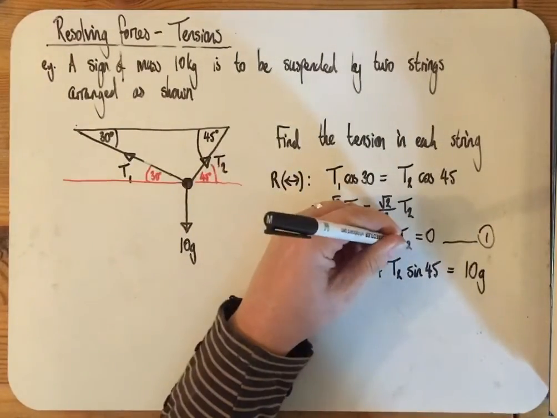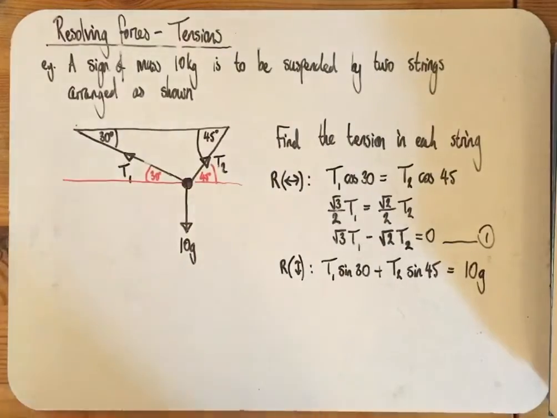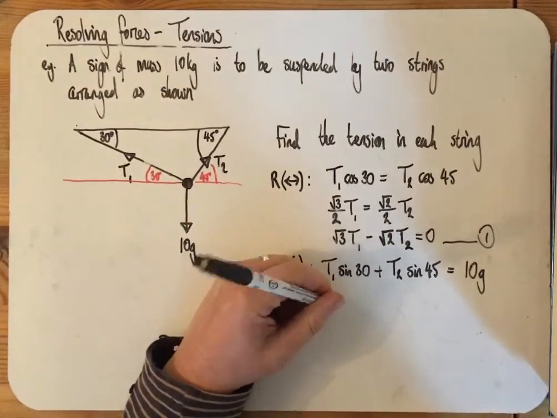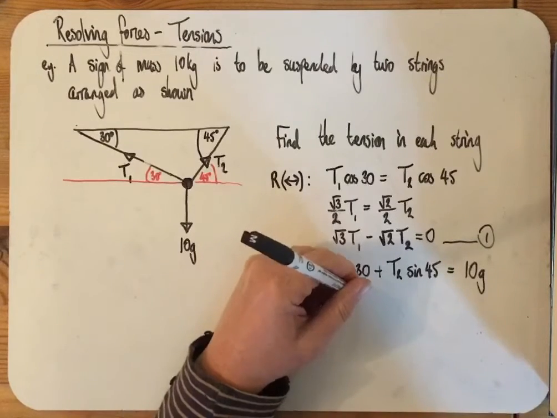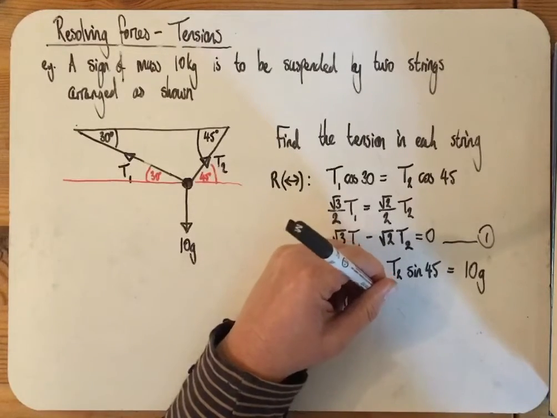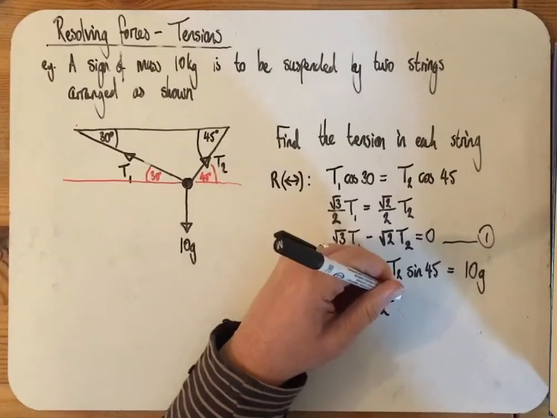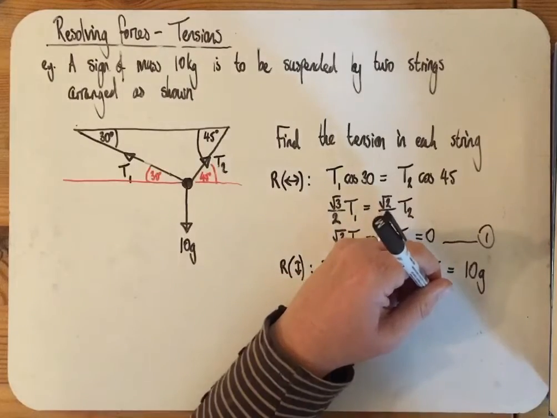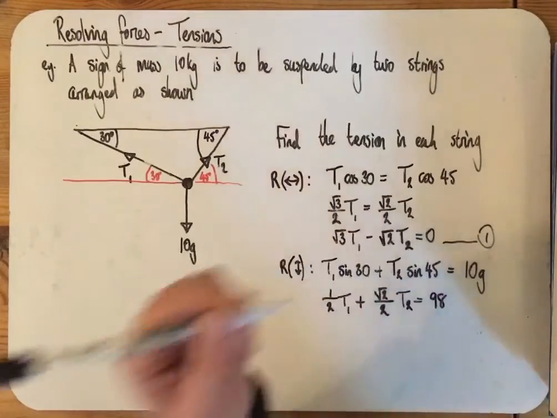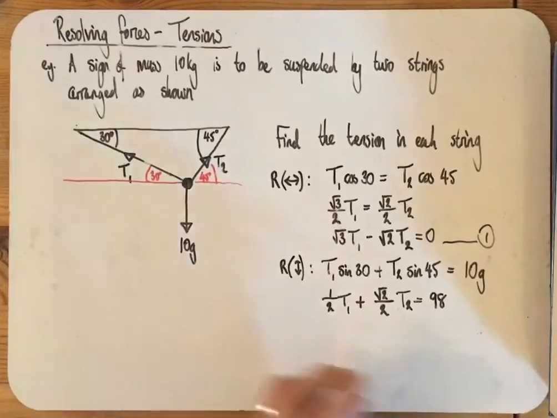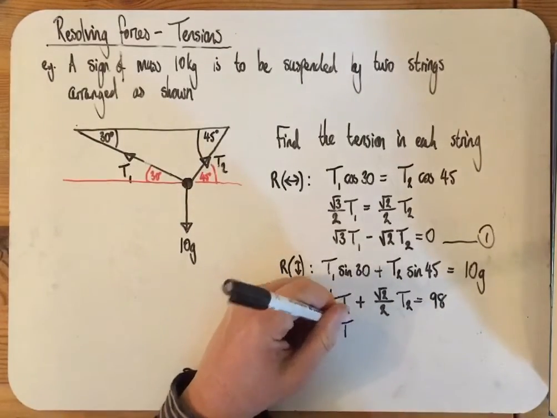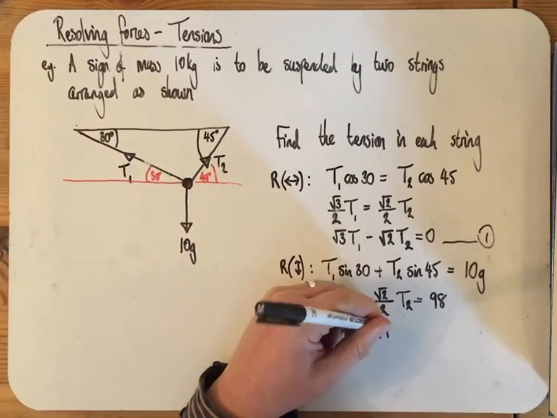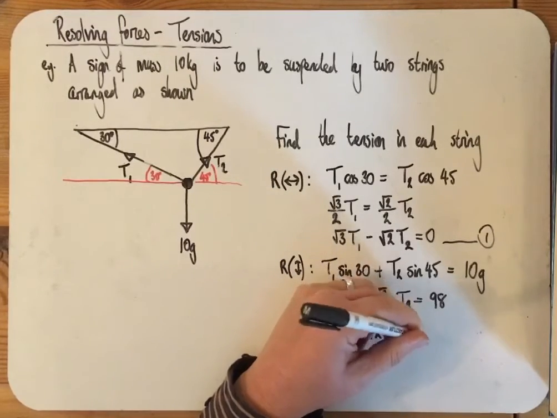Sorry, I'm smudging again. So sine 30 is a half. So half T1 plus root 2 over 2 for sine 45 T2 is equal to 10g, which is 98. You could just put that straight into your calculator like that. I would be tempted to times 3 by 2. Doesn't really matter. You don't want to make a mistake.